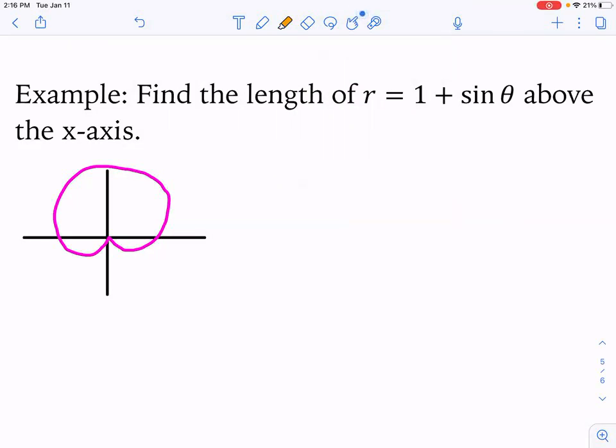This is what we want to find the arc length for.